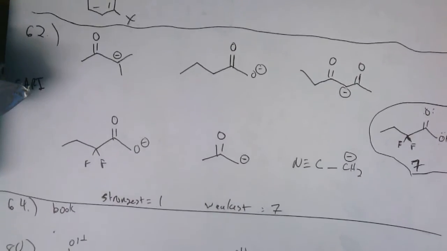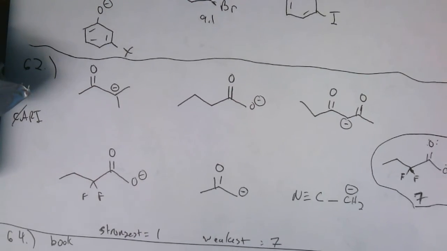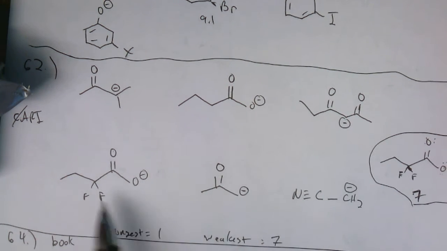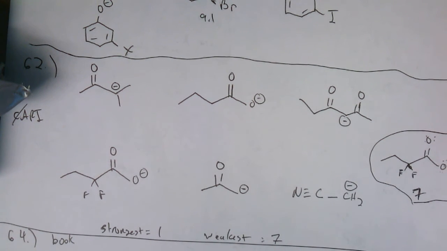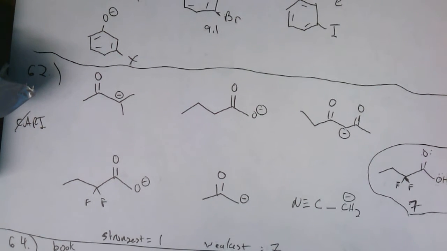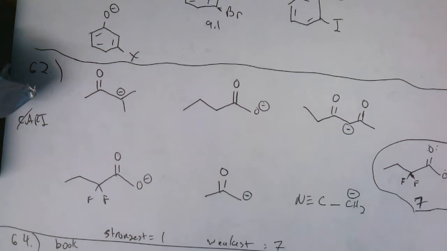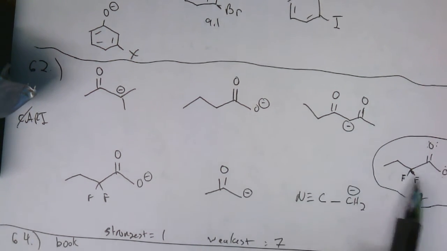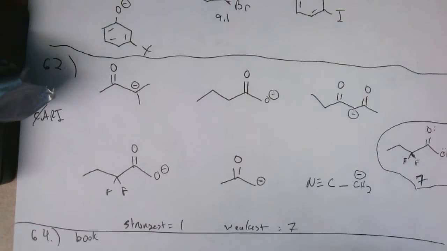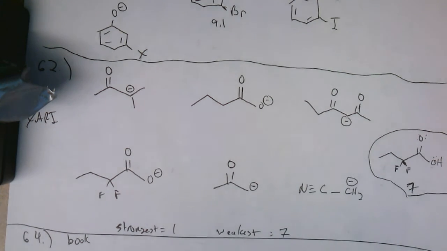Okay, so that was charge. Charge is done. Now compare the atoms. So I have carbon, oxygen, carbon, oxygen, carbon, carbon. I know my negative charge is more stable when it's on oxygen. So I'm going to have stronger bases when I'm on a carbon, right? But since I already did this one as the weakest base, let's find the next weakest base. A question we're asking ourselves is, which one of these is the most stable?